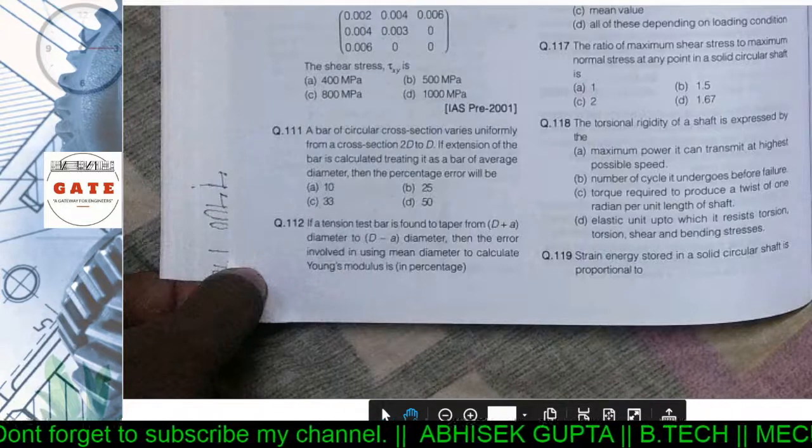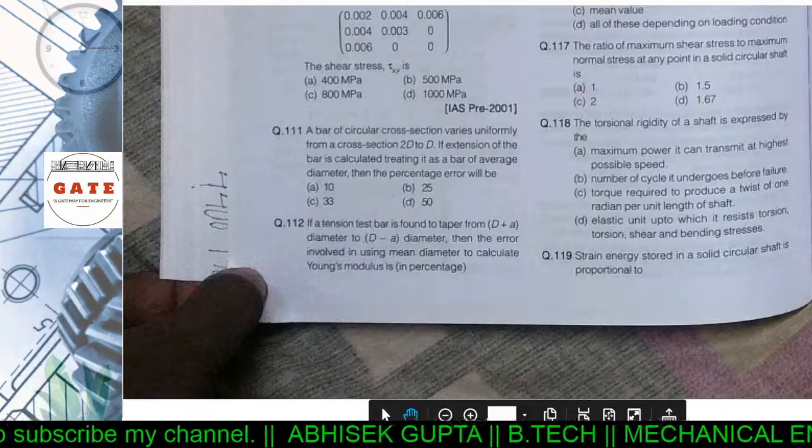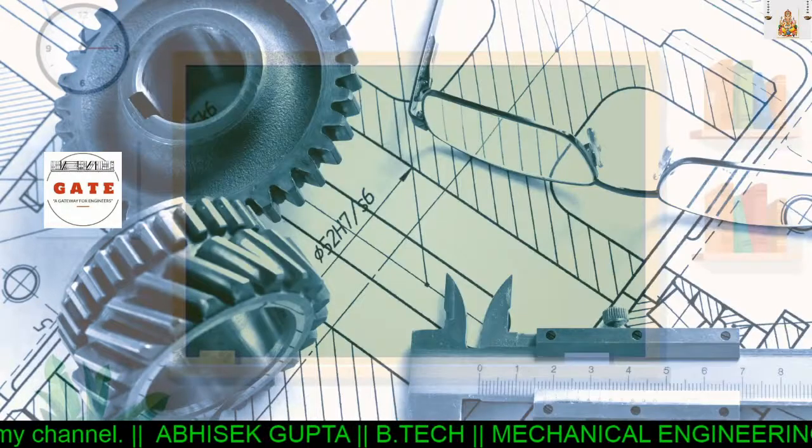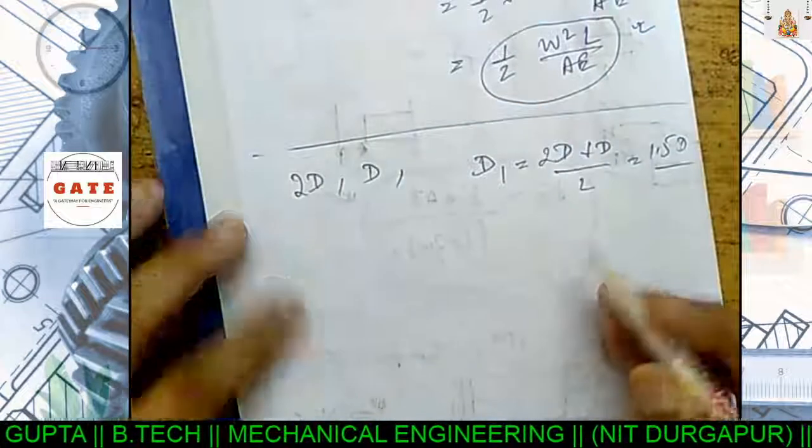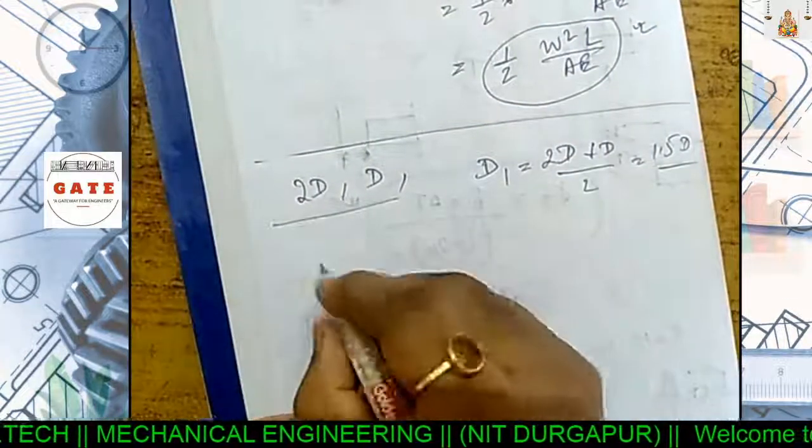Okay, so let's see it in my copy. So here 2D and D like this.